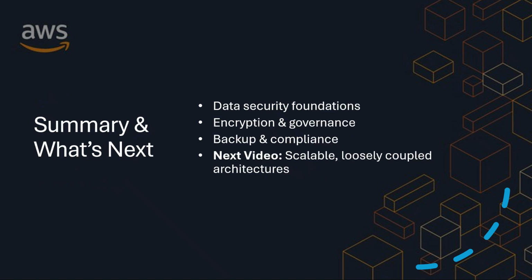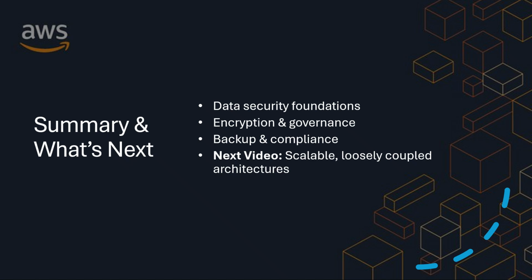So to summarize, in this session we explored how to determine the right data security controls using AWS services. We looked at governance, compliance, classification, encryption, retention, key management, backups, and recovery.